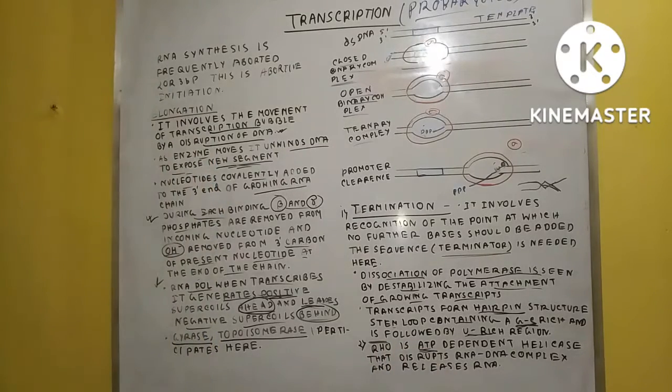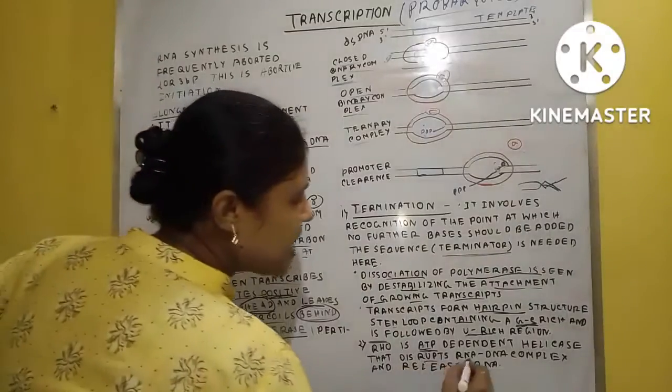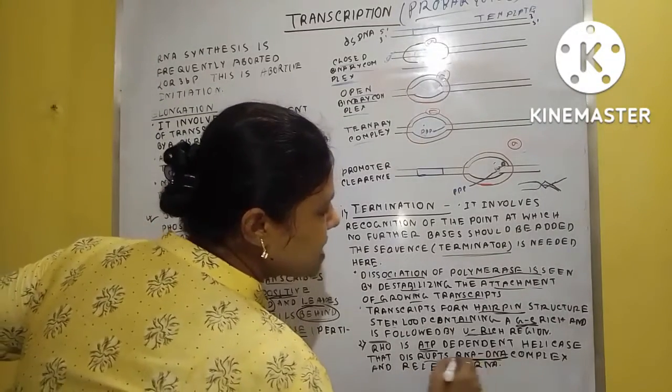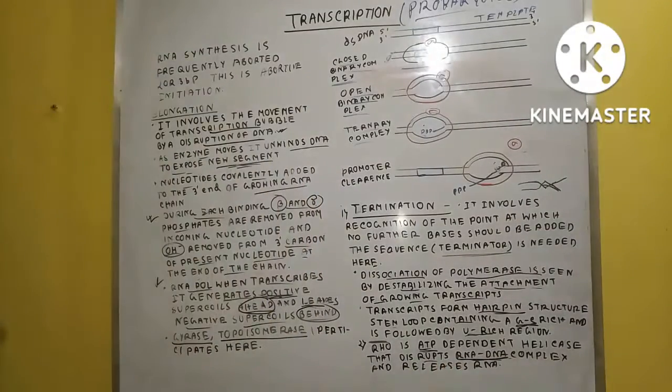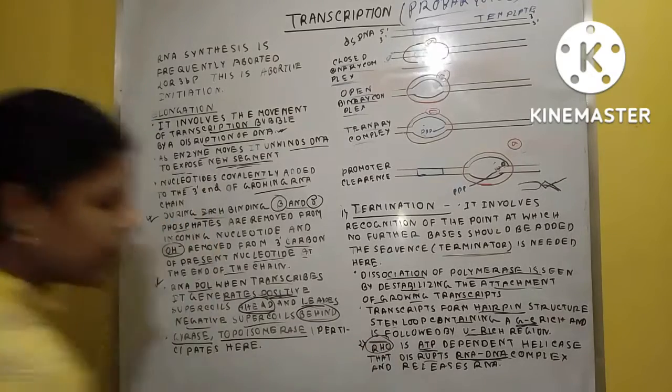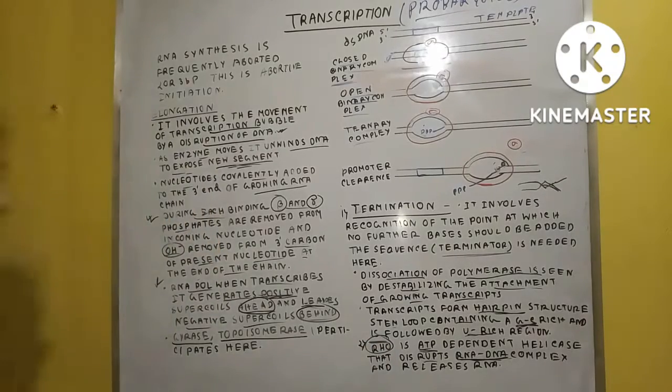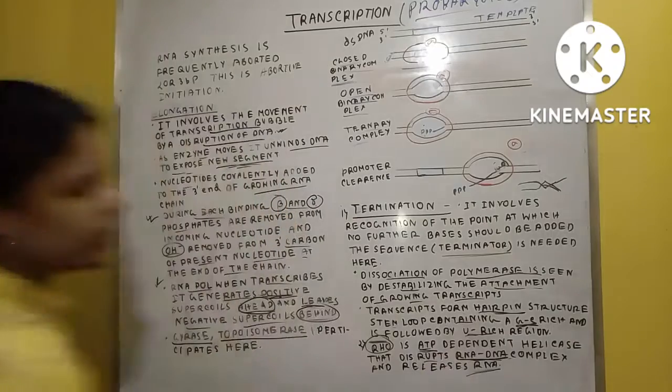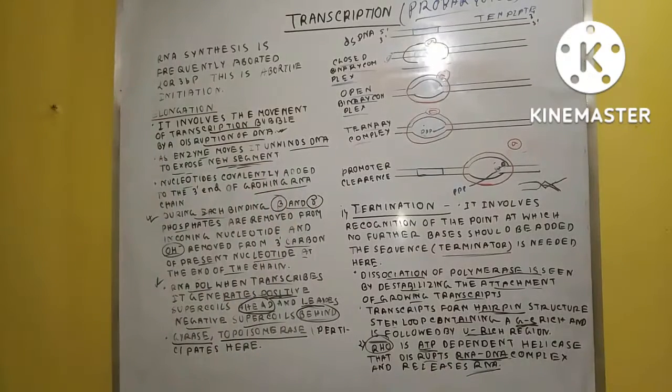What is the actual role of this rho factor? This rho factor disrupts the DNA-RNA complex. This complex is totally disrupted by the presence of this factor, and the RNA is released from this complex. So this is the termination process, and that was the elongation process.